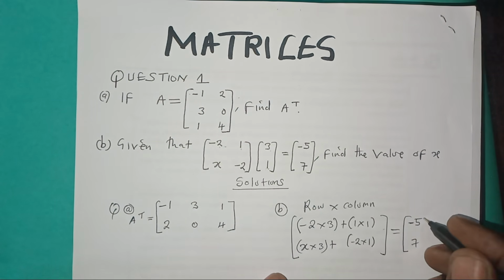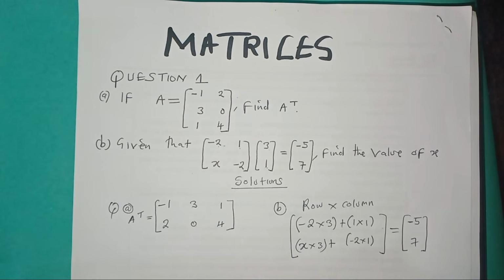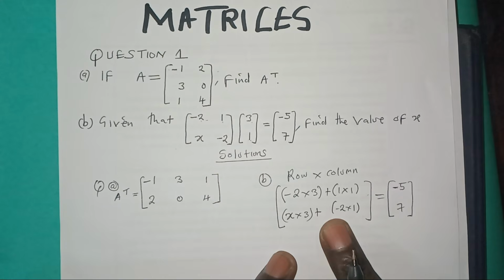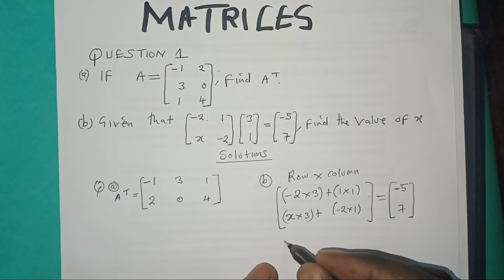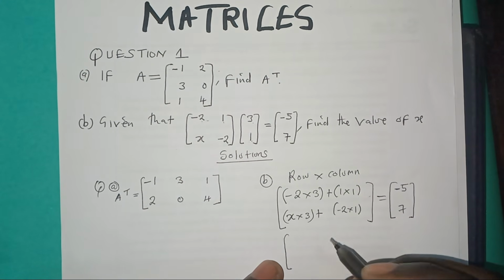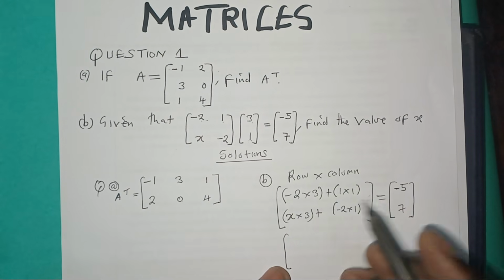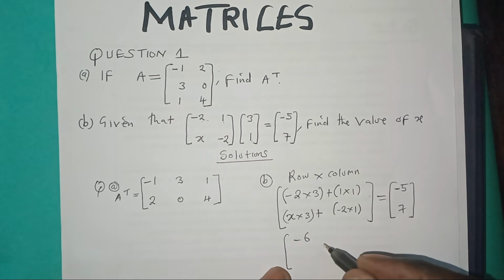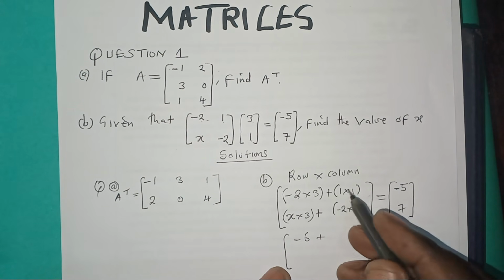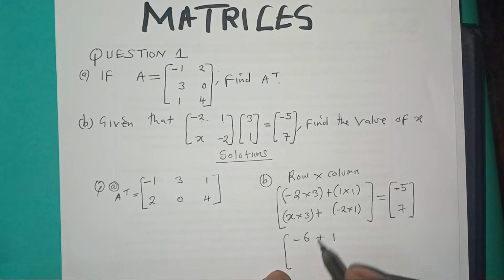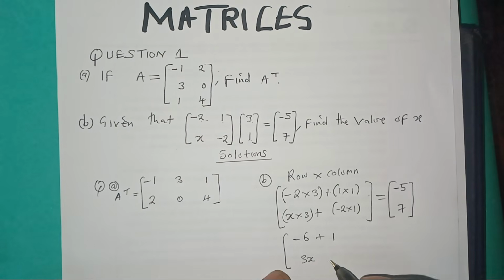All this shall be equated to the matrix with the following elements. From there, we need to simplify what we have inside here. I'm going to open the matrix, and then multiply -2 by 3. This is going to give us -6, plus 1. Then x by 3, we shall get 3x.